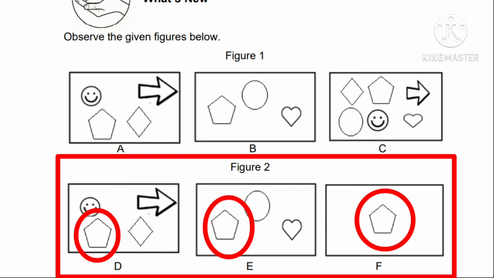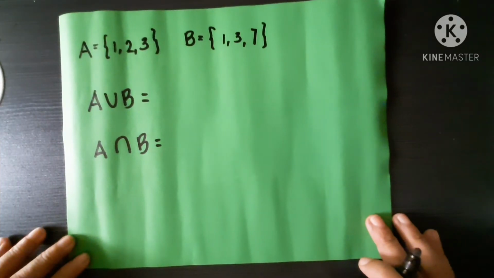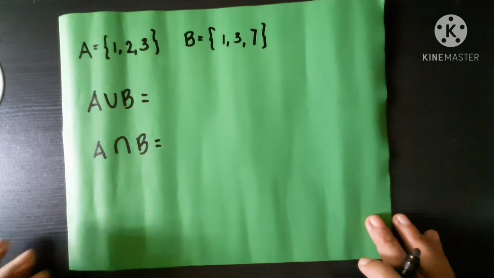Now, let's apply these concepts by having an example. Okay, so we will now have this example para ma-apply nato ang union o intersection between two sets. For this particular example, naa tay duha ka sets, set A and B. And kang set A, ang atong mga elements are 1, 2, and 3.